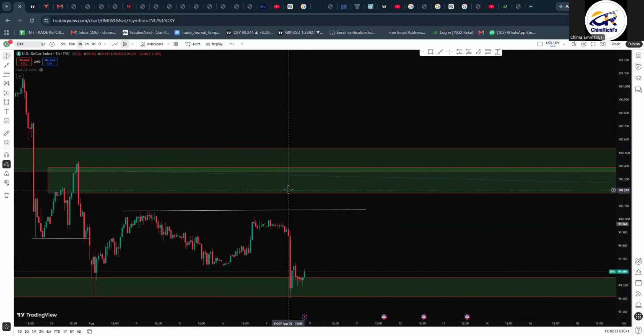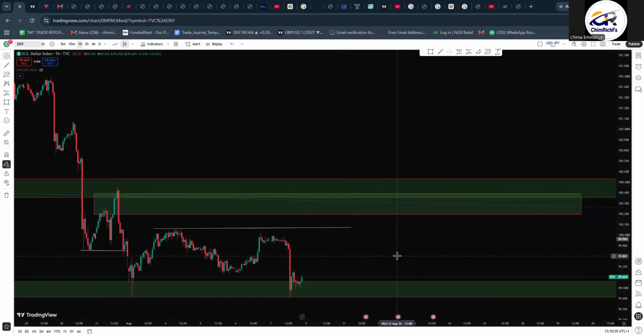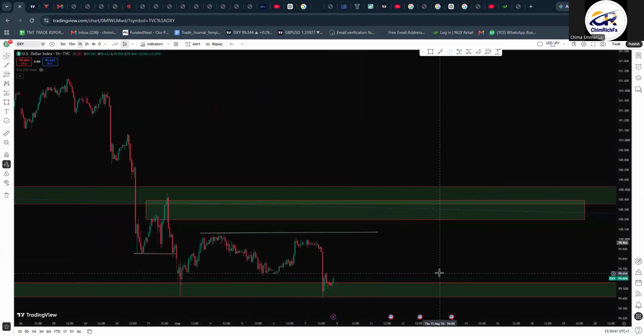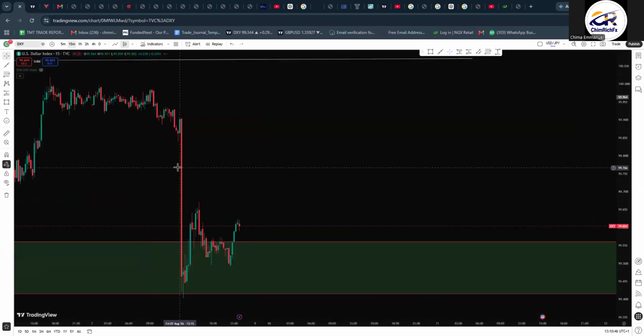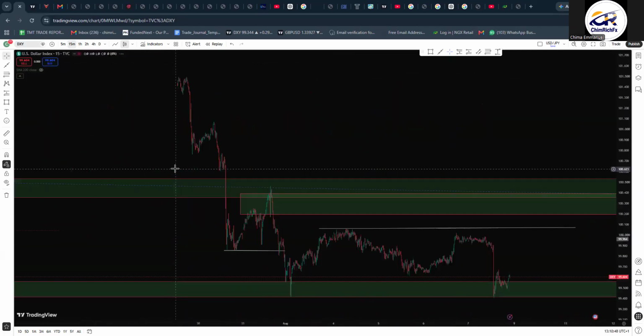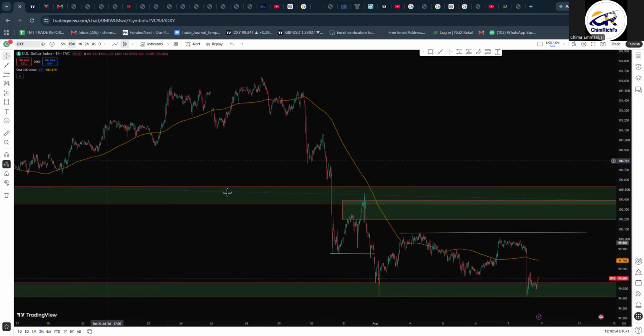Let's see if the sellers are going to push price all the way. Then we wait for a retest and look for how to short the market for the US dollar index. Same thing when you go to the 15 minutes, you can see that we already have a bearish structure in place.